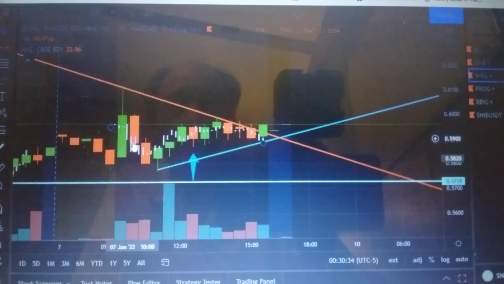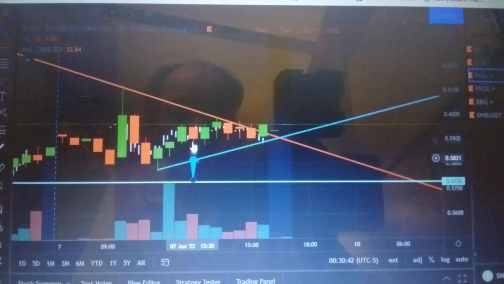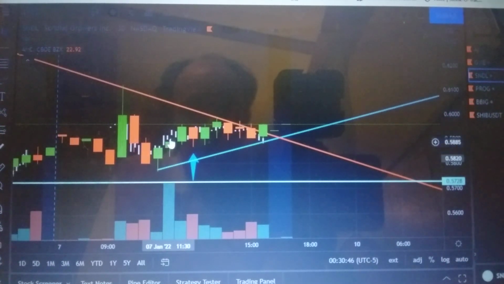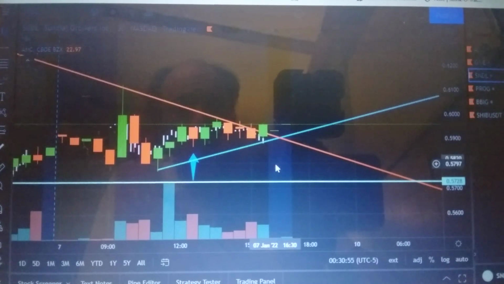That's where we waited. I had to take my dad to a doctor's visit, so I missed this section right here where I like to overlay my patterns. But I had to wait to here because I was with him at a doctor's visit. And it went up, it ran down, it went back up, just like the pattern tells you it's going to. Now, here's where you stopped. Nice green candle to end the day.